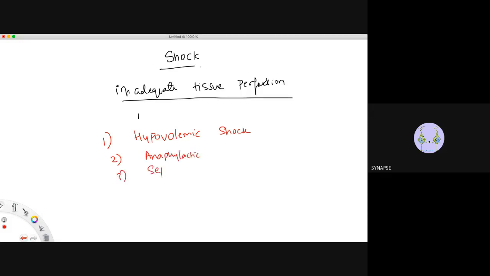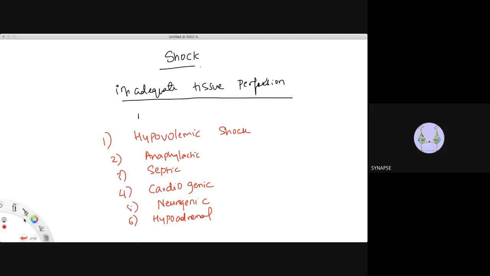Then we have septic shock. Then cardiogenic. You could just scribble this down on a piece of paper. Different types of shock. Then neurogenic, and hypoadrenal. So these are the different types of shocks.